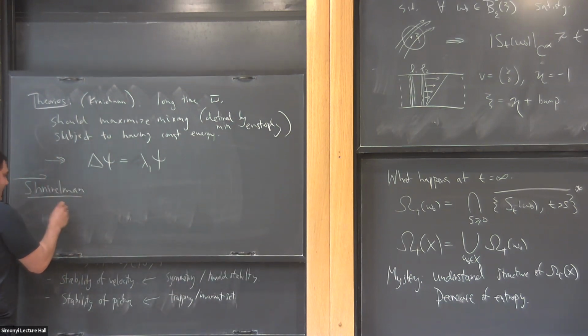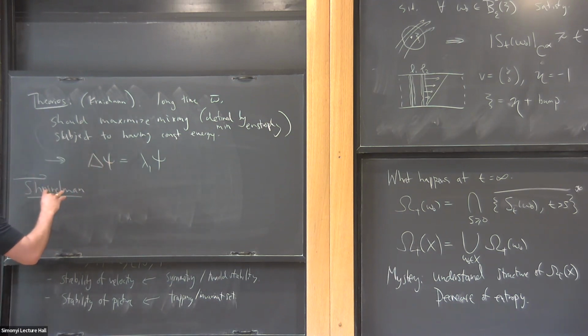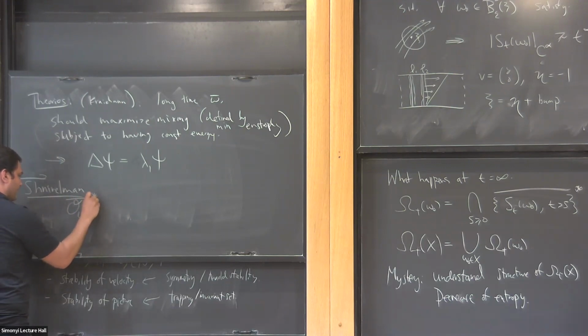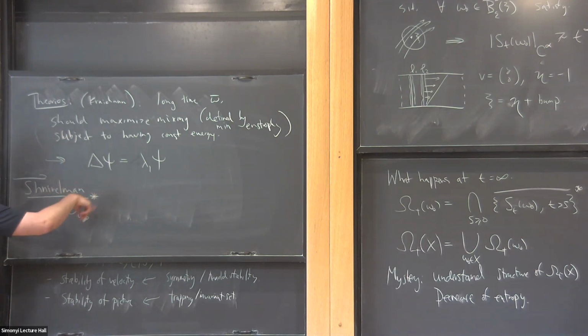Rather than pick a certain Casimir and maximize the mixing defined by minimizing that Casimir, he gives an objective notion of this. Let's take the orbit that we discussed of a given initial condition, and look at the closure of this orbit, weak star in L infinity. So these are all the vorticity fields that can arise by mixing of the initial one.